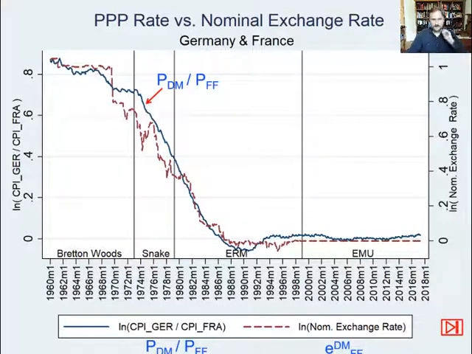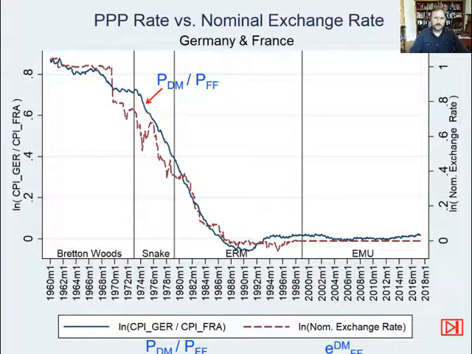To calculate the purchasing power parity exchange rate, the bundle of goods used to measure the consumer price index of both currencies is used. The values are all expressed in logarithms.